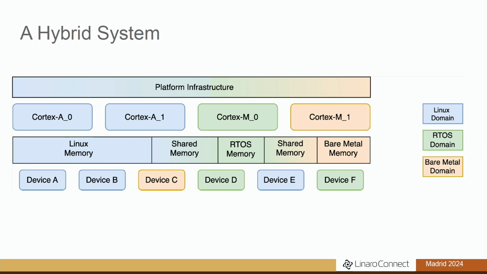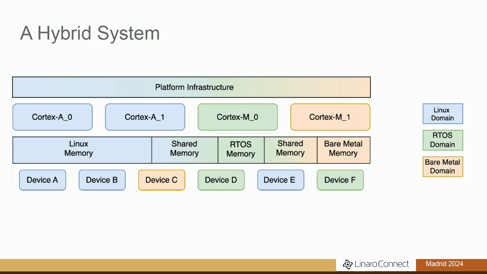In terms of the memory map, you can see that each of those execution domains, each of those different kind of processor types, has some of its own memory and has some memory that it's sharing. They might be sharing between the RTOS and the Linux application. They might be sharing between the bare metal and the RTOS, for example.